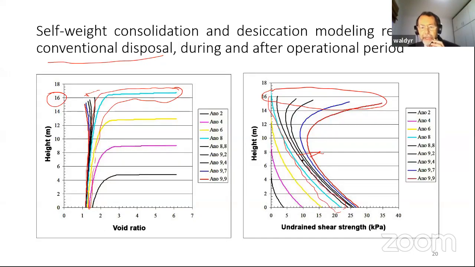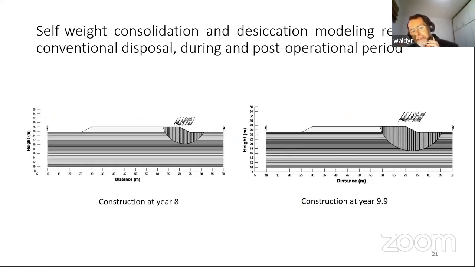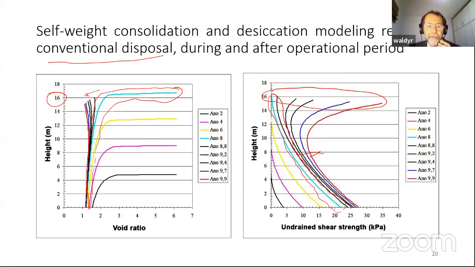This would be the undrained shear strength if the material was just consolidated. So what he did later was an exercise of trying to construct an access road on top of these tailings in 2 years. Year 8 means the end of the filling and the waiting for the consolidation, and year 9 is this undrained shear strength profile.